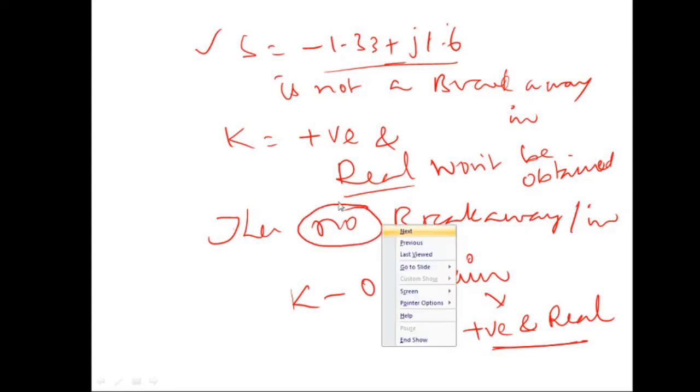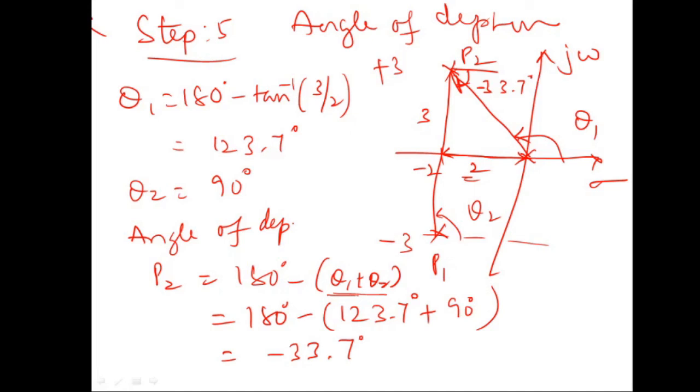And then the next step is to find the angle of departure. The angle of departure is obtained with the formula 180 degrees minus theta 1 plus theta 2. These are the angles corresponding to each pole towards the required pole where we need to find the angle of departure. So it is the targeted pole P2.